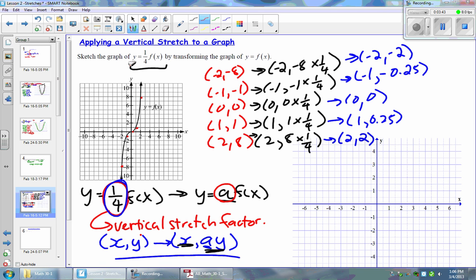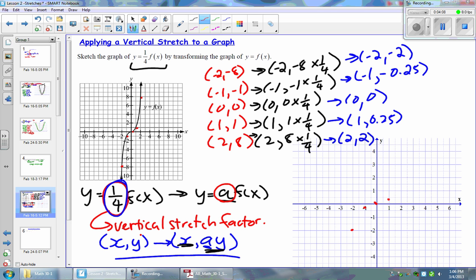Starting with the first one, -2, -2 is right there. -1, -0.25 is right here. I'll try my best there. Then we have 0, 0. That point did not change. 1, 0.25, so right there.